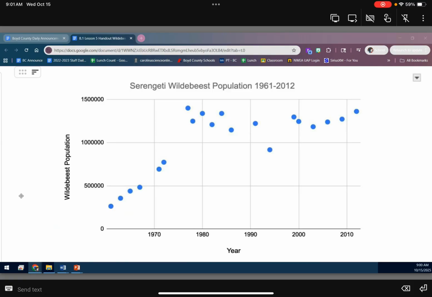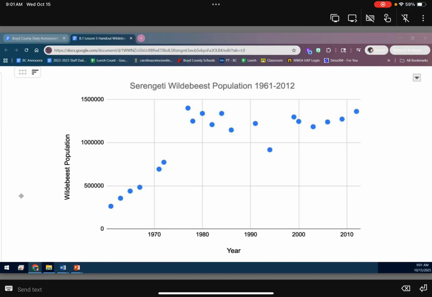So use this information and what you figured out during the Serengeti kinesthetic model and the graph on the board to explain what happened to the wildebeest population between 1960 and 1977. It grew. But explain what happened. Why might it have grown?